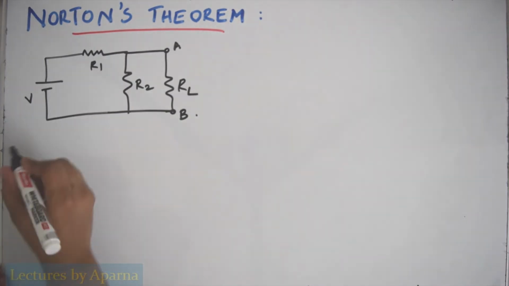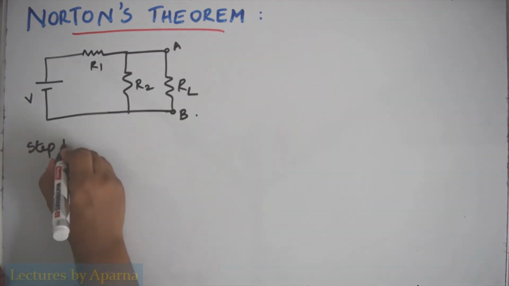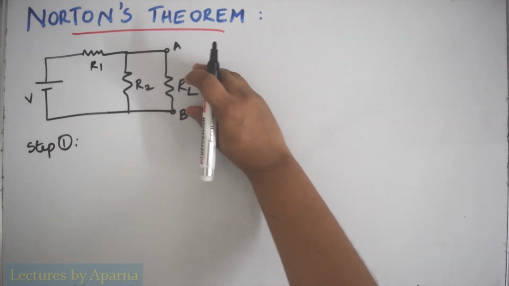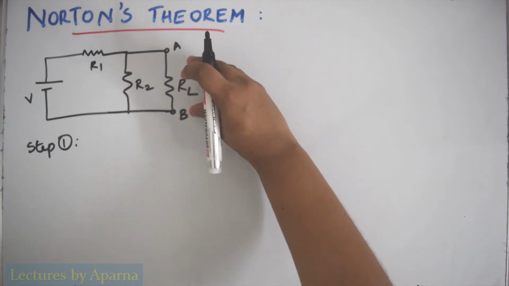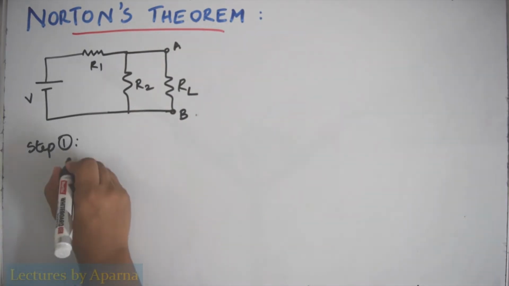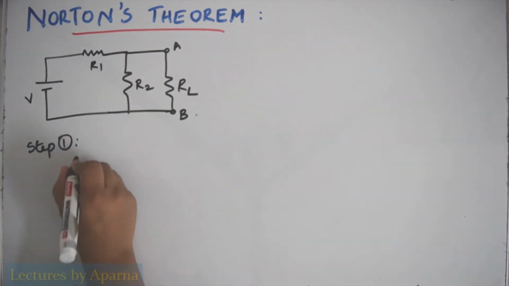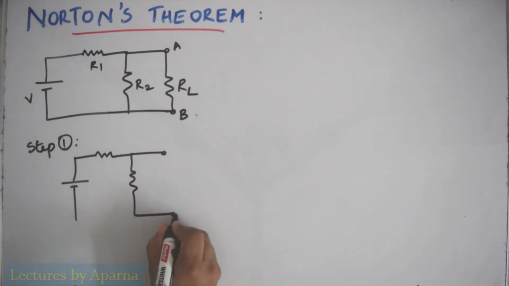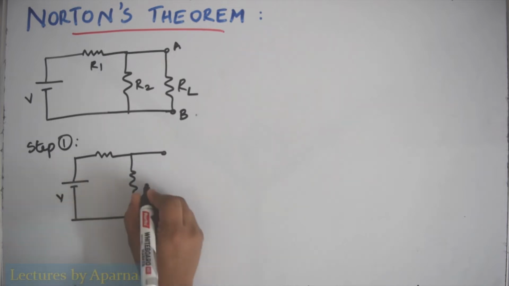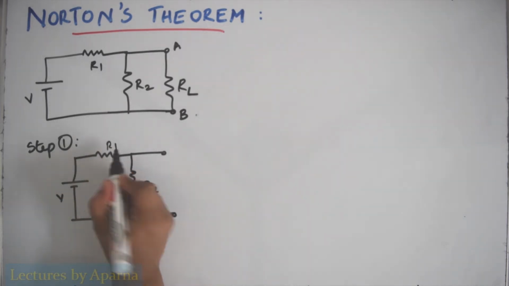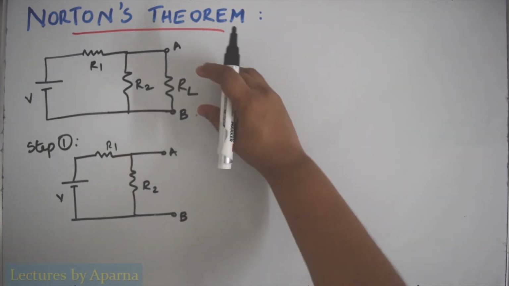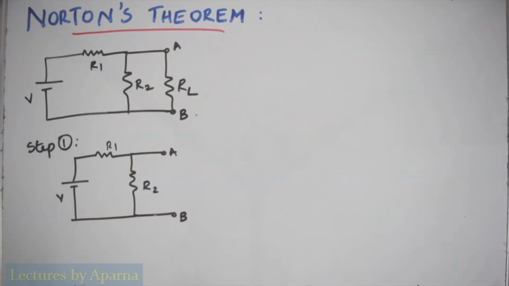So step 1 that you have to do is to take away this load resistance. Remove this load resistance. So the circuit will look like this: this is V, this is R2, R1 and this is the terminals A and B. So here I have taken away this RL.